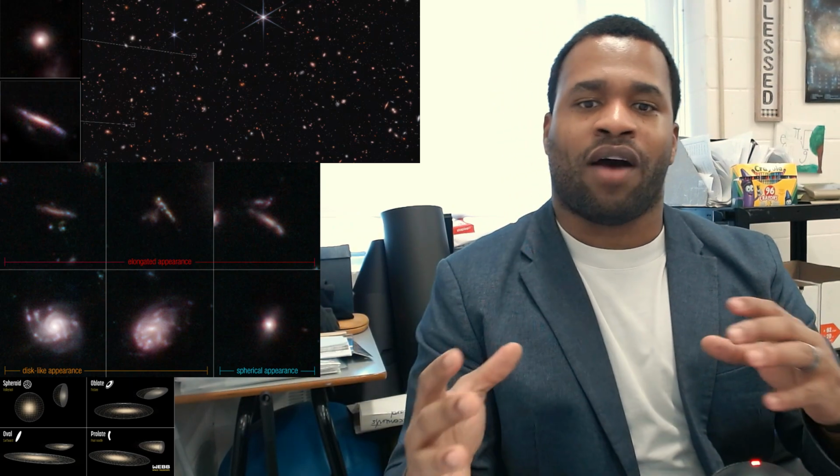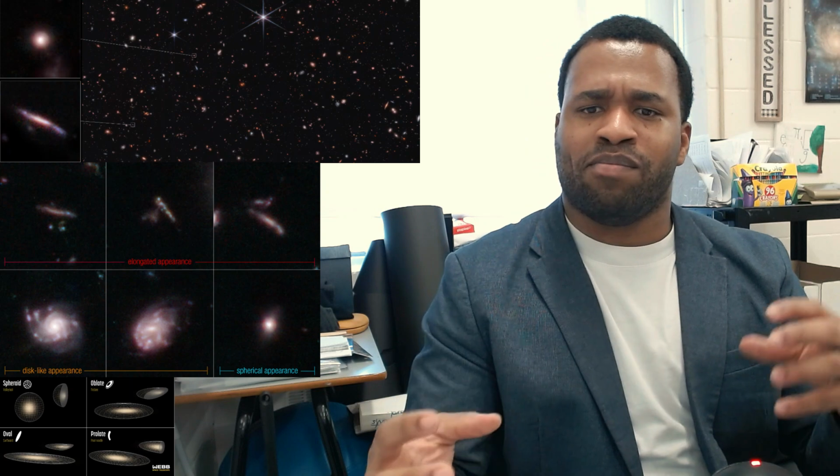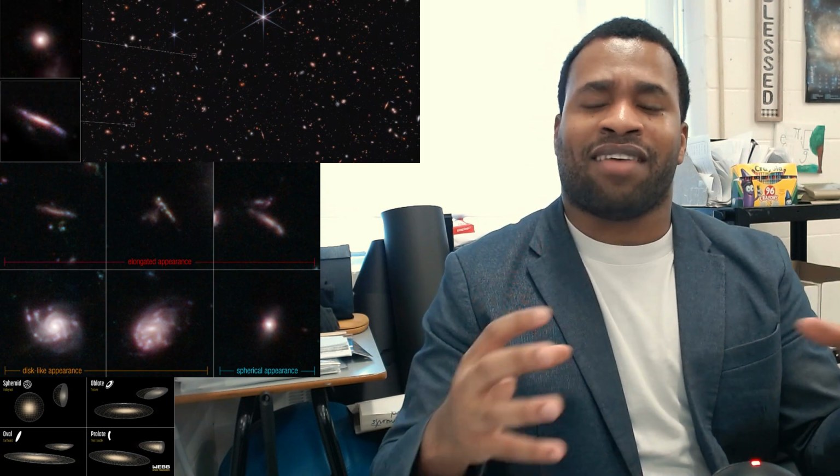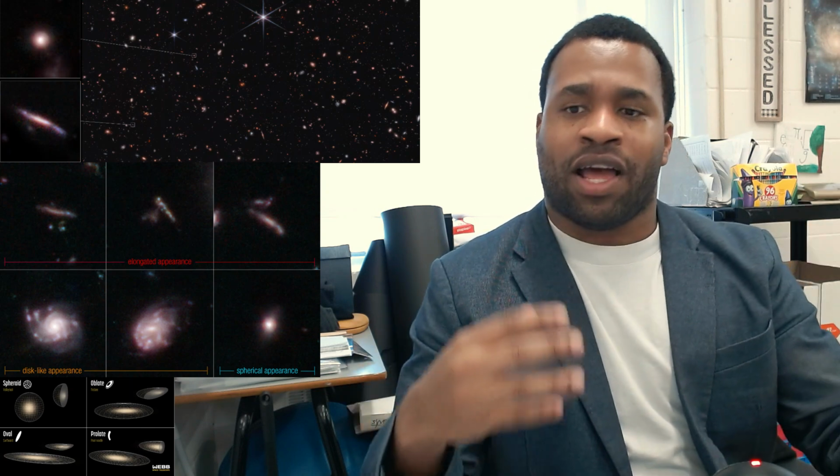The more common ones appear to be edge-on disks but may be better classified as elongated galaxies. The elongated galaxies are way more dominant in this image, and this is pretty cool according to the Webb survey.